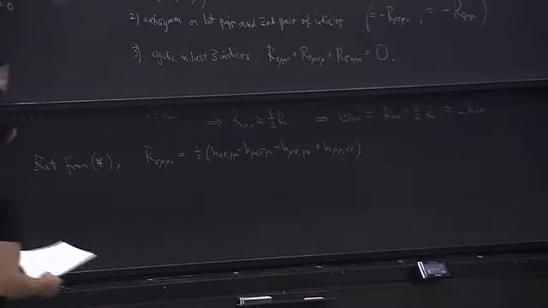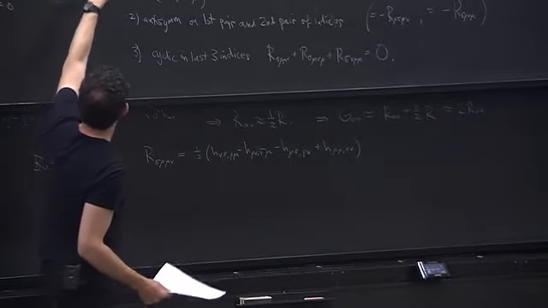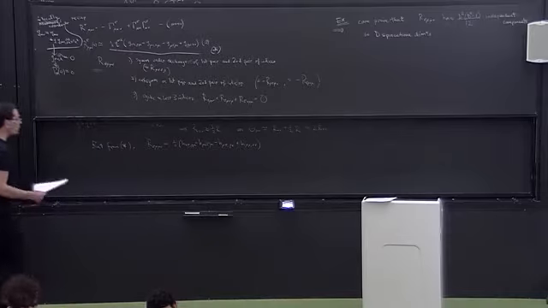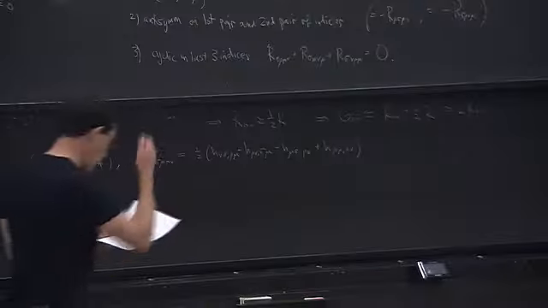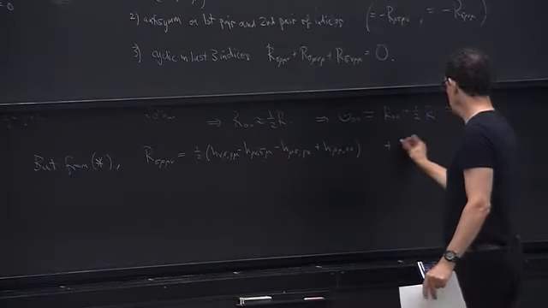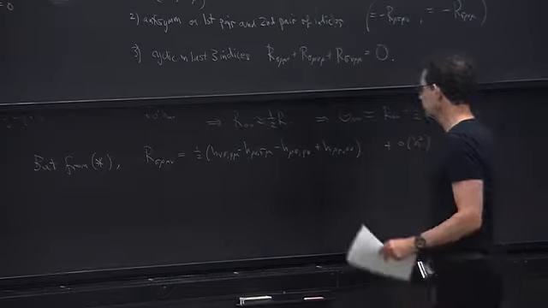Okay, so all I did there is lower the index. That produces a delta here, so this lambda becomes sigma. So that's the expression for the Riemann tensor to linear order in h plus order h squared.